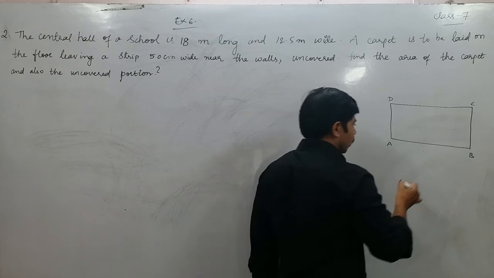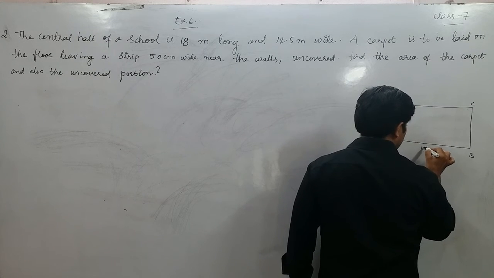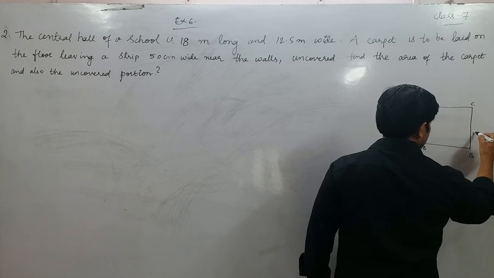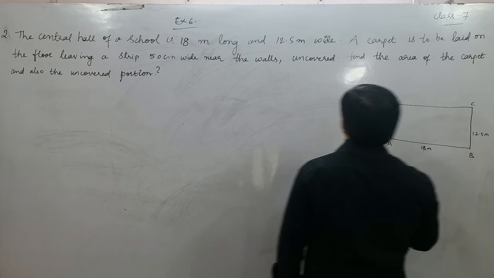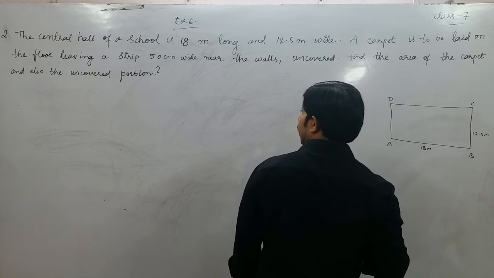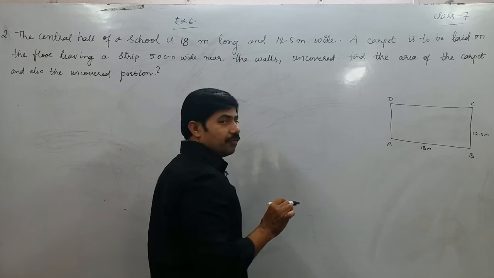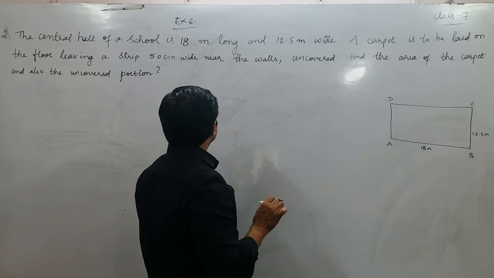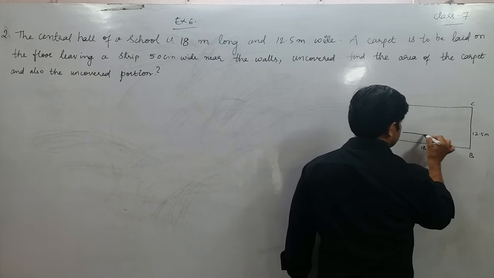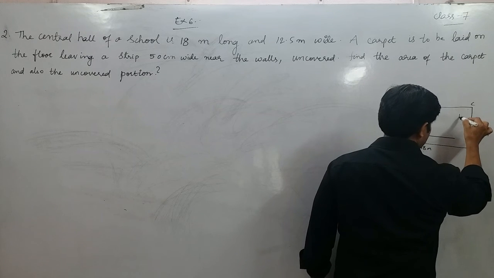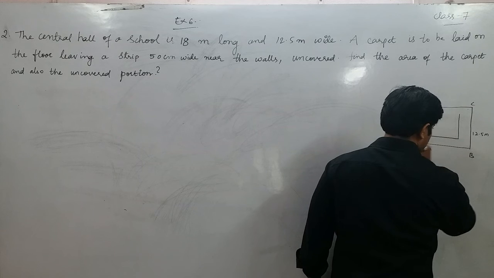The dimensions of the hall is 18 meters and 12.5 meters. Okay, then a carpet is laid on the floor, leaving a strip 50 centimeters wide near the walls. Okay, so a carpet is laid.